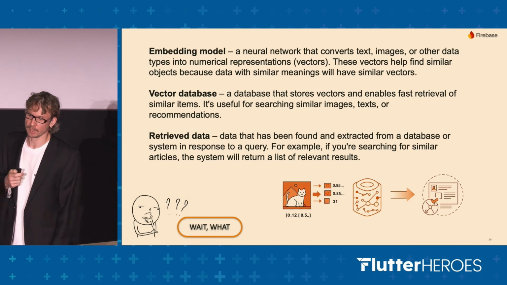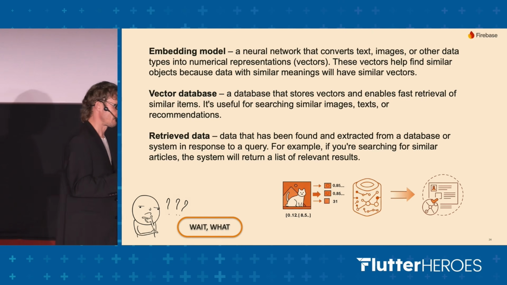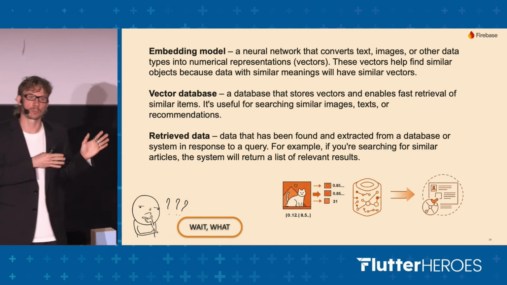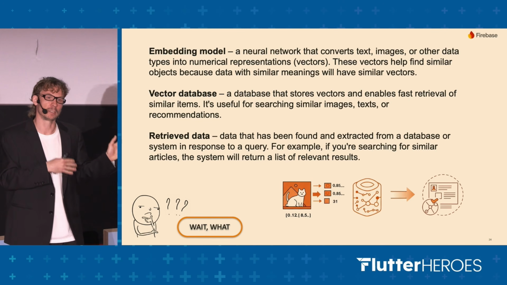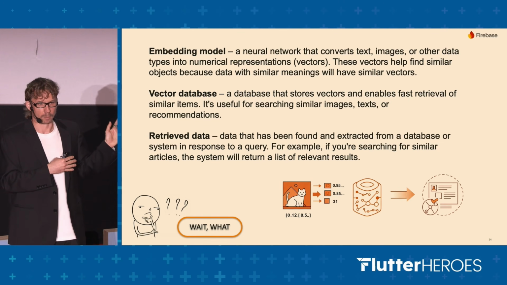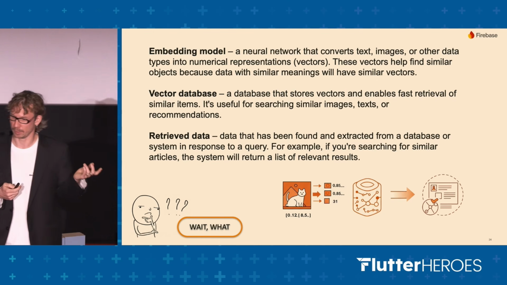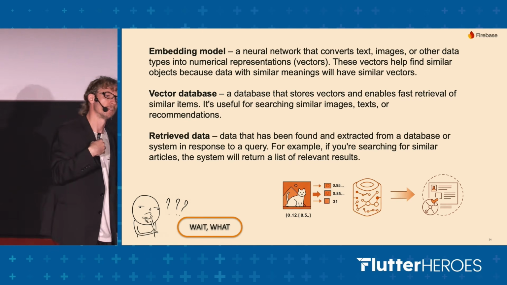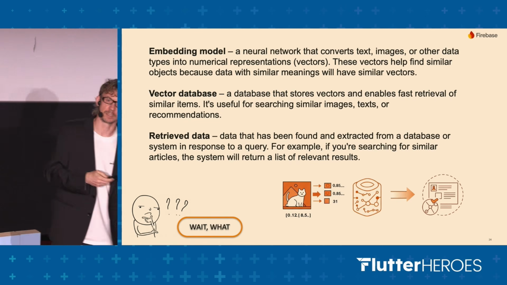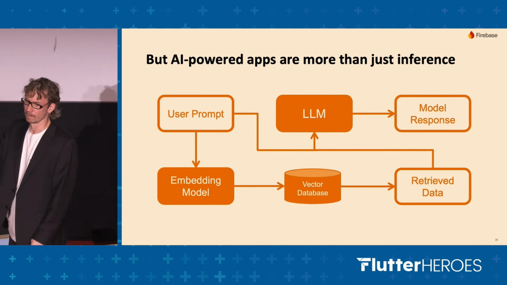And the last one, retrieve data. When you transform your request to vector, you can organize vector search to find data that is most related to your request, and then retrieve this data and provide it to the large language model.